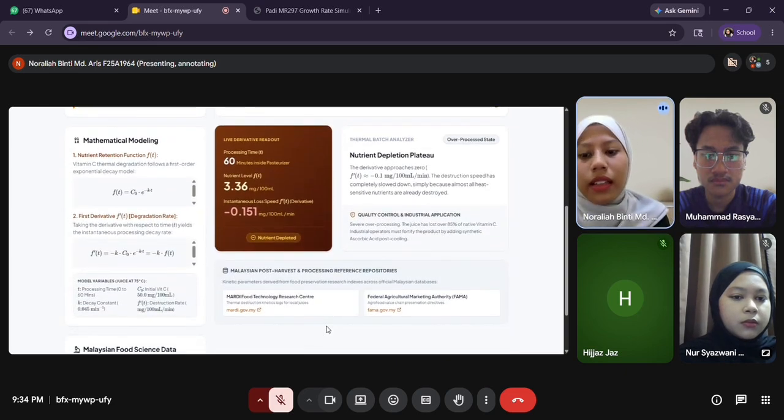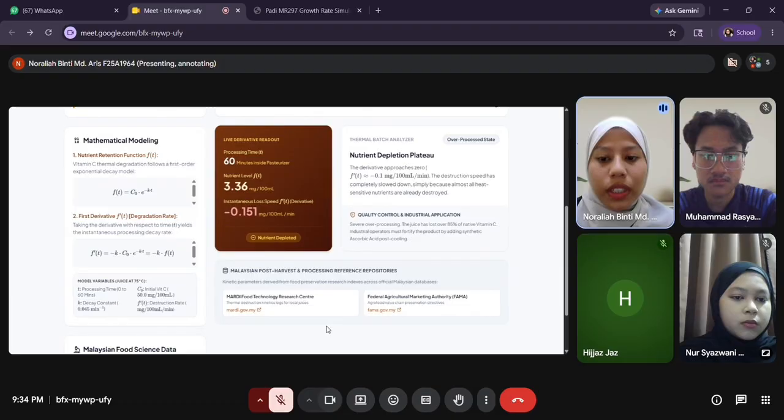This calculates our remaining nutrient content, where C0 is our starting concentration of 15.0 mg per 100 ml, and k is our decay constant at 75 degrees temperature.